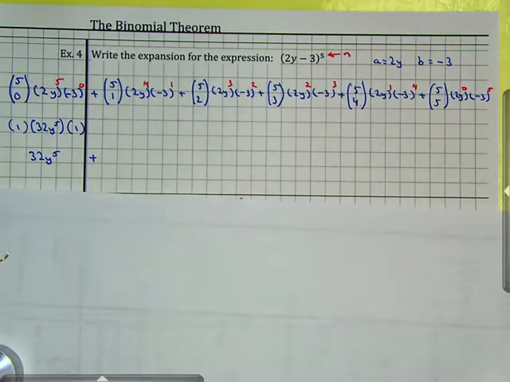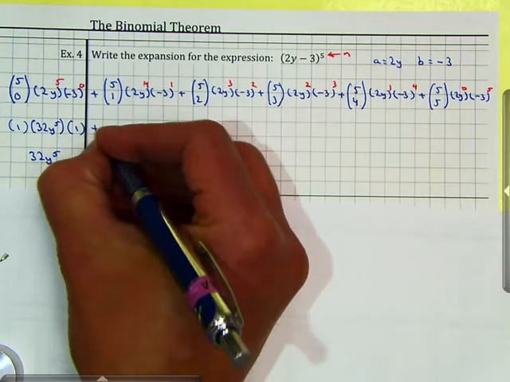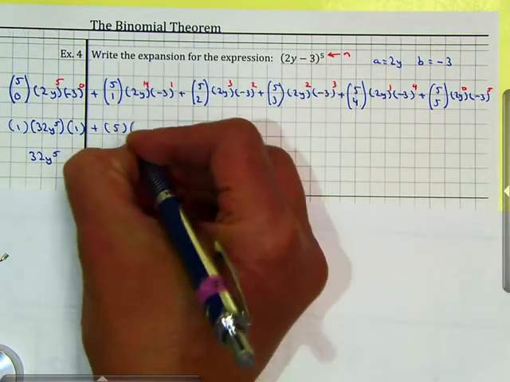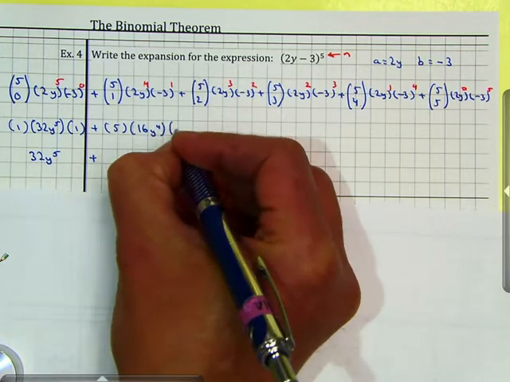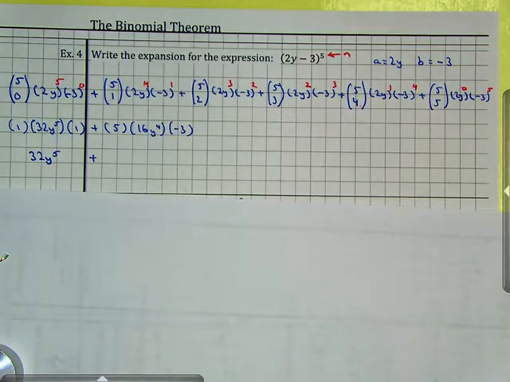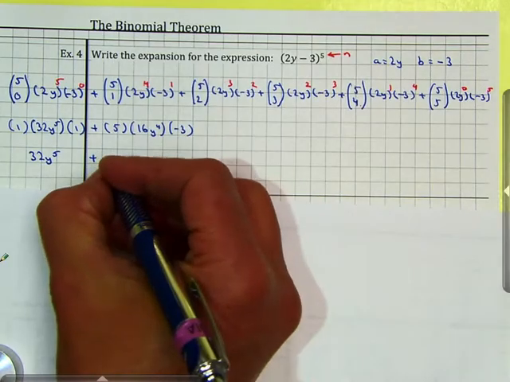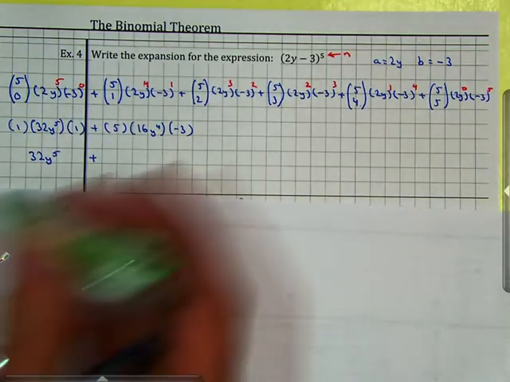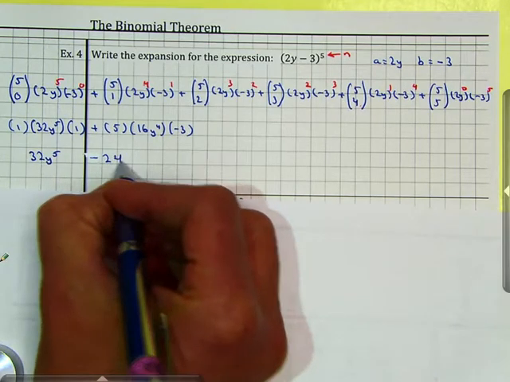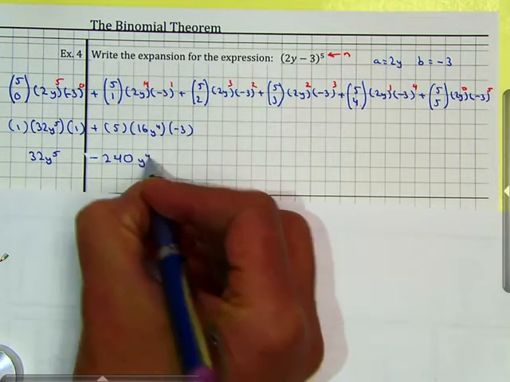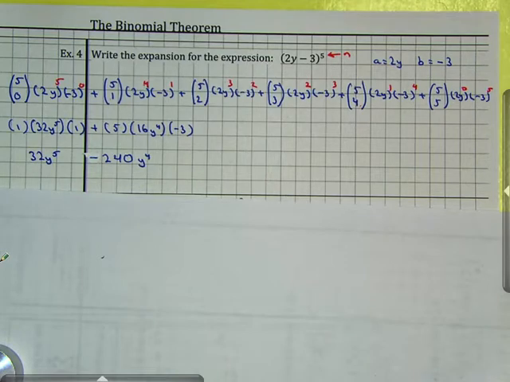Go and pause it. Excellent. So in this case, 5 choose 1 is 5. 2 to the 4th power is 16, y to the 4th, and negative 3. So 5 times 16 times 3 will be negative 240, so this will be a negative. 5 choose 2, I believe it's 10.